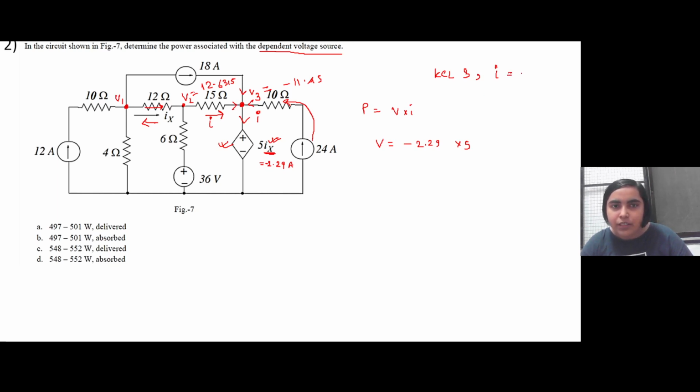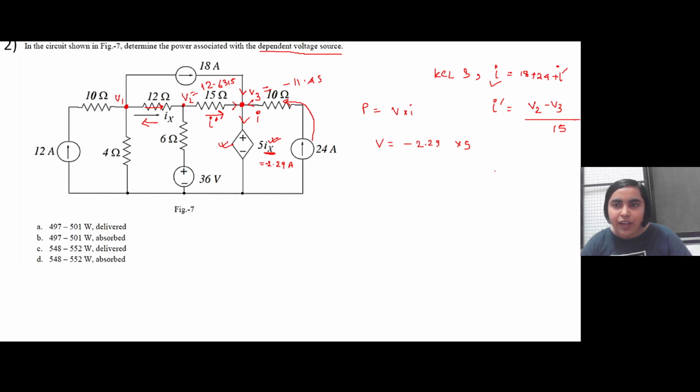So I will be equal to 18 plus 24 plus I dash, and I dash is equal to V2 minus V3 by 15. So you have V2, you have V3, right? So you can calculate I dash and finally you can calculate I.